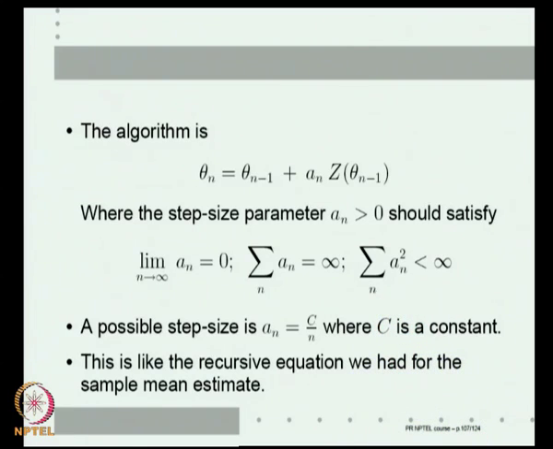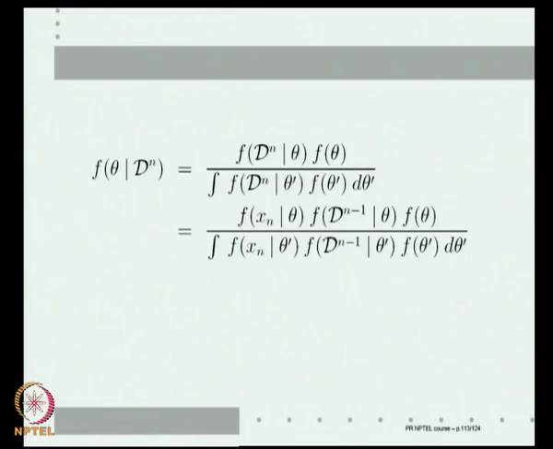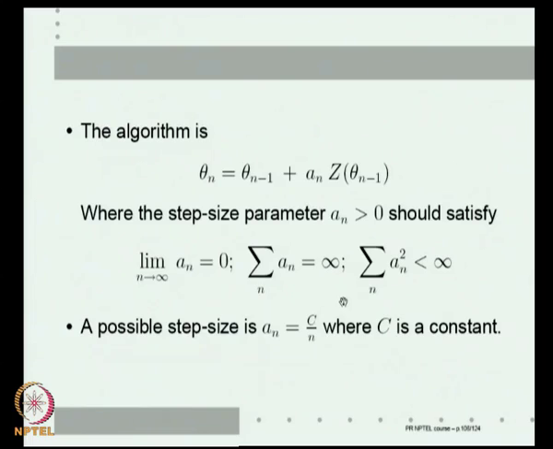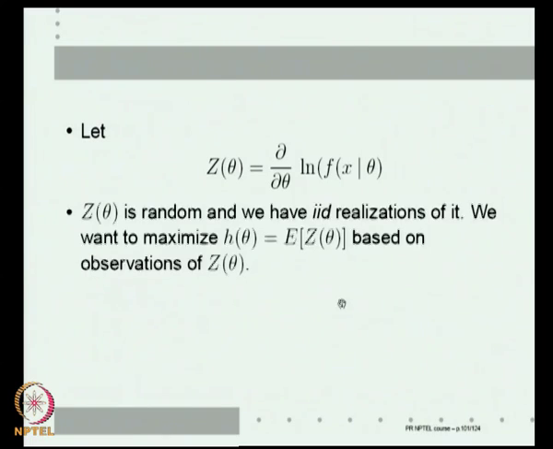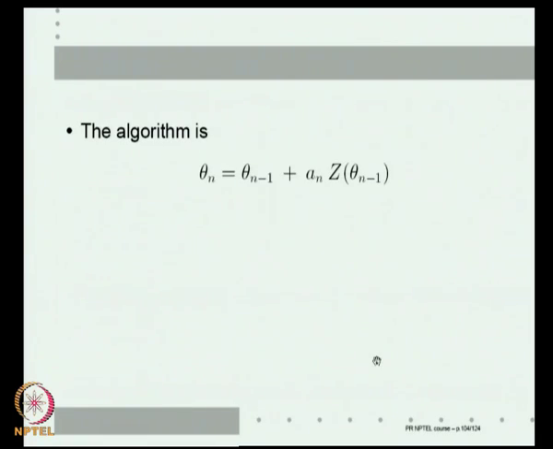So, we can think of any ML estimate, because all ML estimates are essentially trying to find a 0 of h theta, where h theta is the expectation of what we call z theta, given IID observations of it. We can always write such things in the stochastic approximation form.